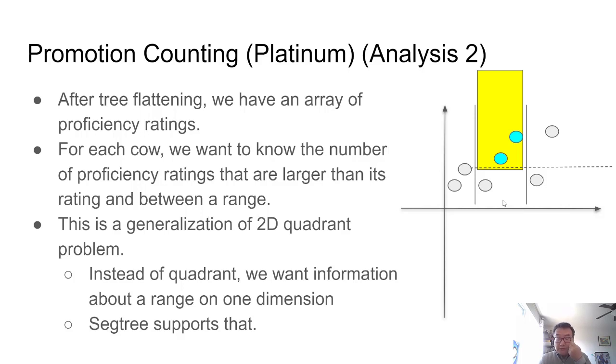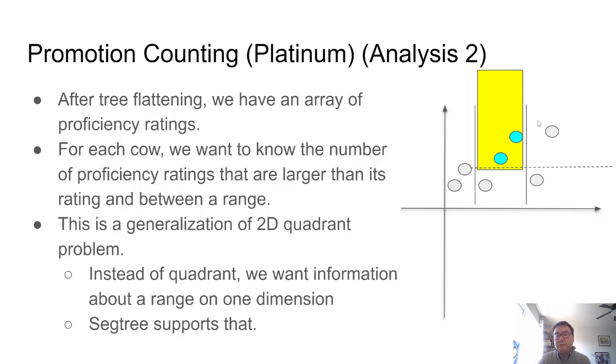One thing I didn't mention is there's a slightly simpler data structure known as the Fenwick tree, or binary indexed tree. What it does is allow prefix queries. Most of the problems we have encountered so far can also be solved using prefix Fenwick trees, because a 2D quadrant problem can be solved using Fenwick trees.